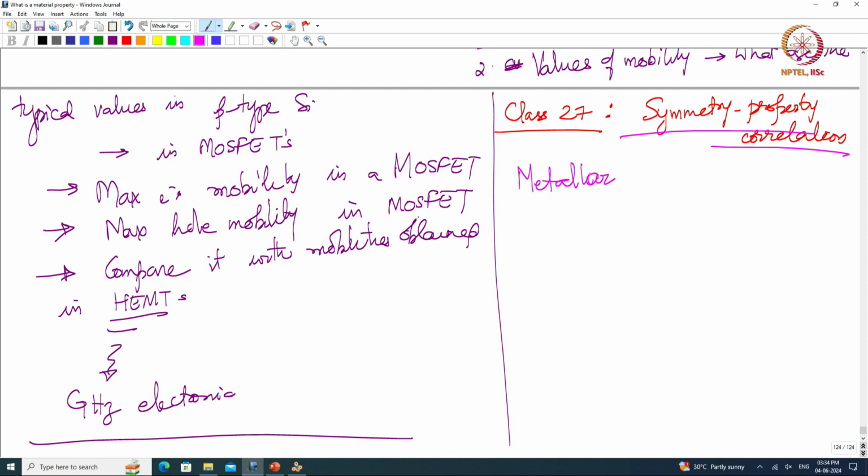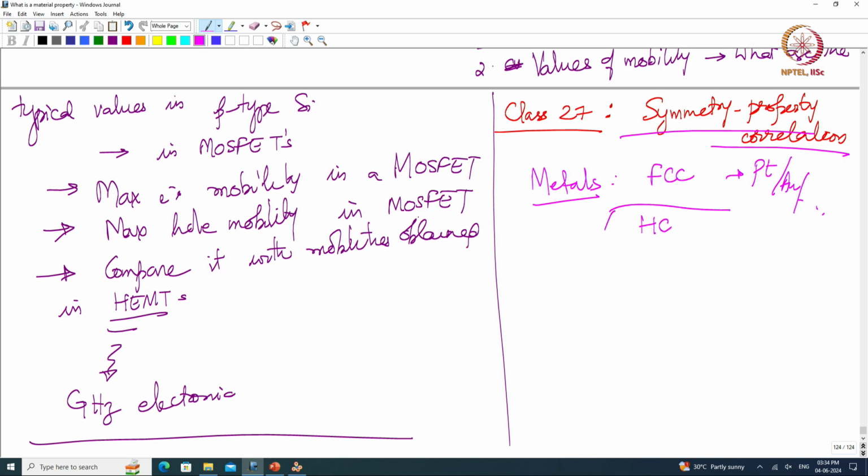So these are metals, typical structures encountered in metals. One is FCC, platinum or gold or whatever, so all these bunch of materials, and the other one is what is called an HCP.